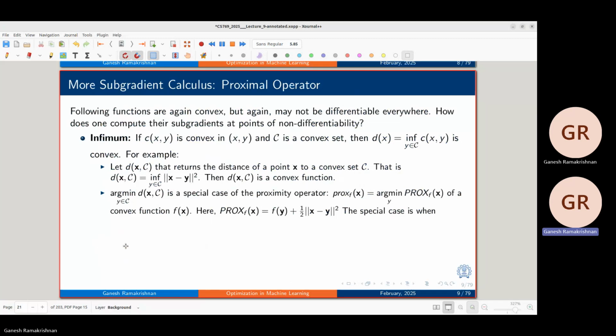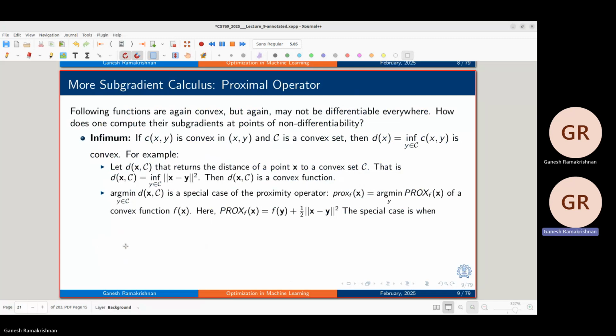So let's say prox f of x is the argmin of this function, f(x) plus 1/2 ||x - y||². This x minus y norm square is not this norm square. I'll do the following just to help you. I'll give it a different name. So let's say f of x is f simple of x.